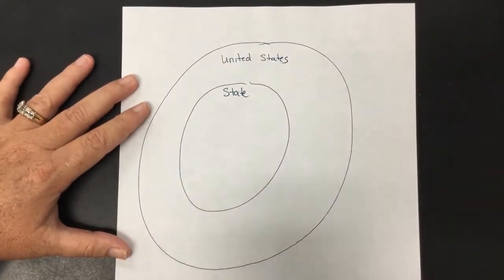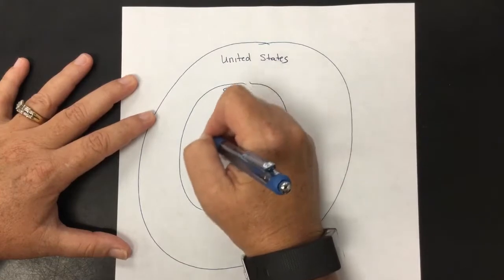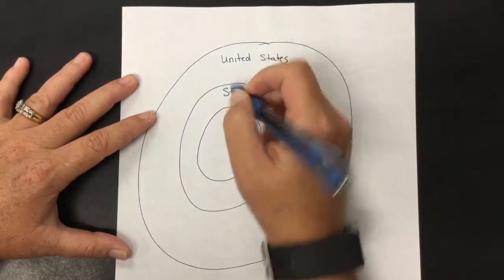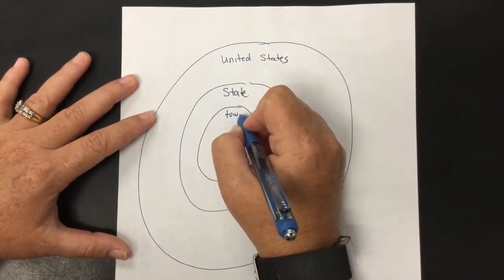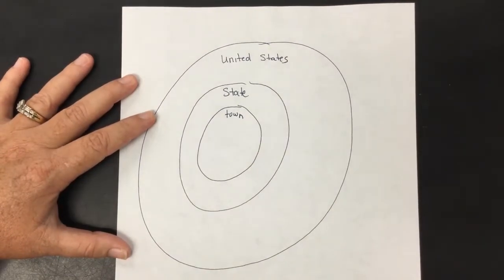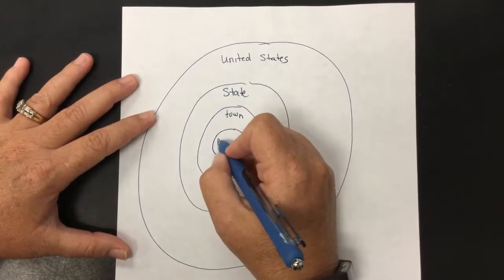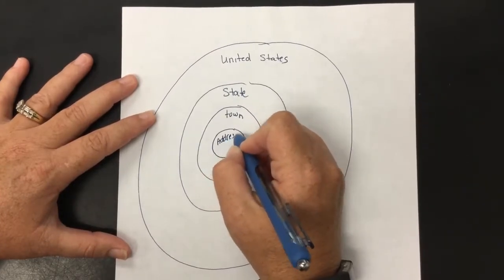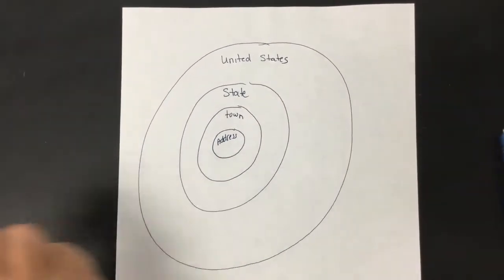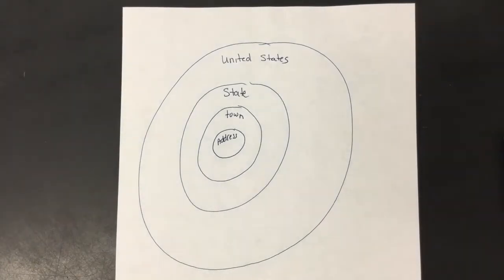Then we got a little bit more specific and we said the town that I lived in. And then I even got super specific and I gave you my address. Not really, but close enough, right? So this is a visual that I want you to see when you think about classifying numbers.